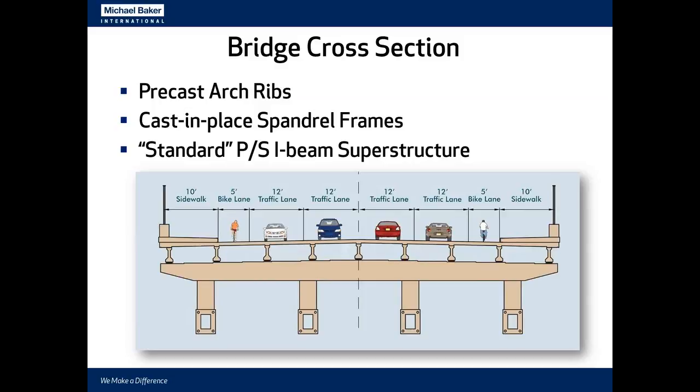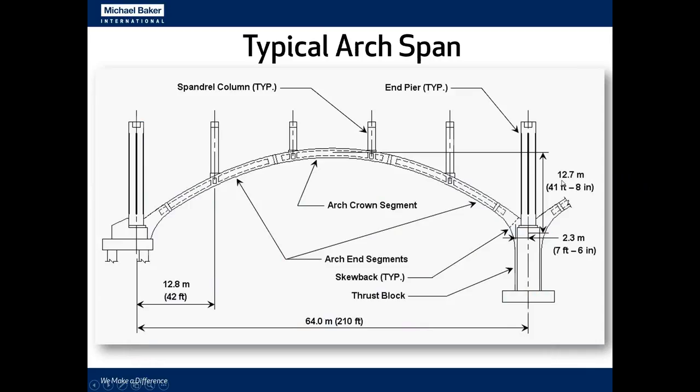So the thought was that precasting would not be an efficient means of constructing the spandrel columns and spandrel frames because every one was a little different. So they're cast in place over the arch ribs, and then the superstructure is a standard Ohio precast concrete I-girder superstructure supporting four traffic lanes, two bike lanes, and wide sidewalks on either side.